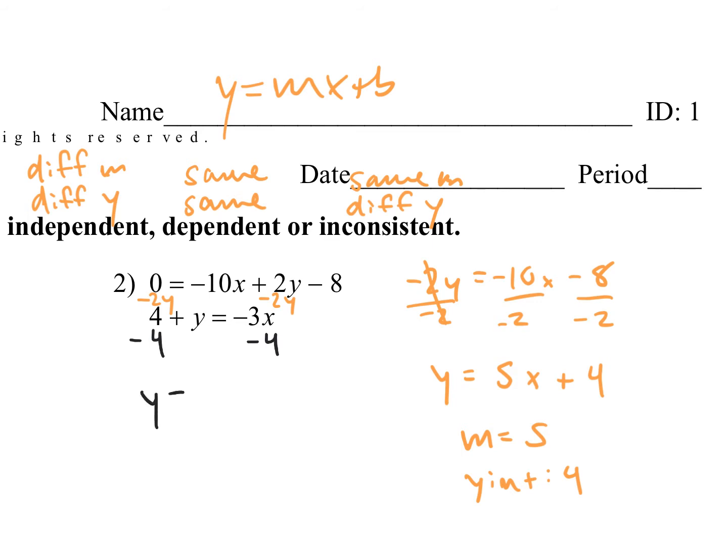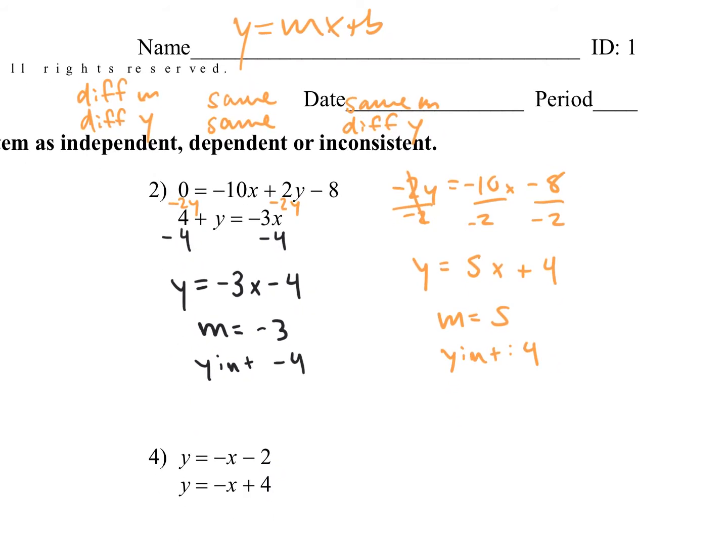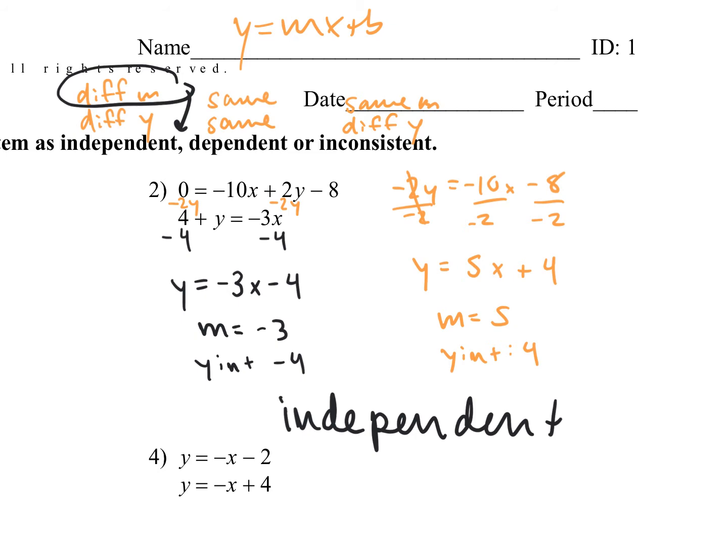So what's y equal to? Negative 3x minus 4. What's my slope? Negative 3. And what's my y-intercept? Negative 4. Are my slopes the same? No. So when you have different slopes, what is it? Independent. Anytime it's different slopes, it's automatically independent.